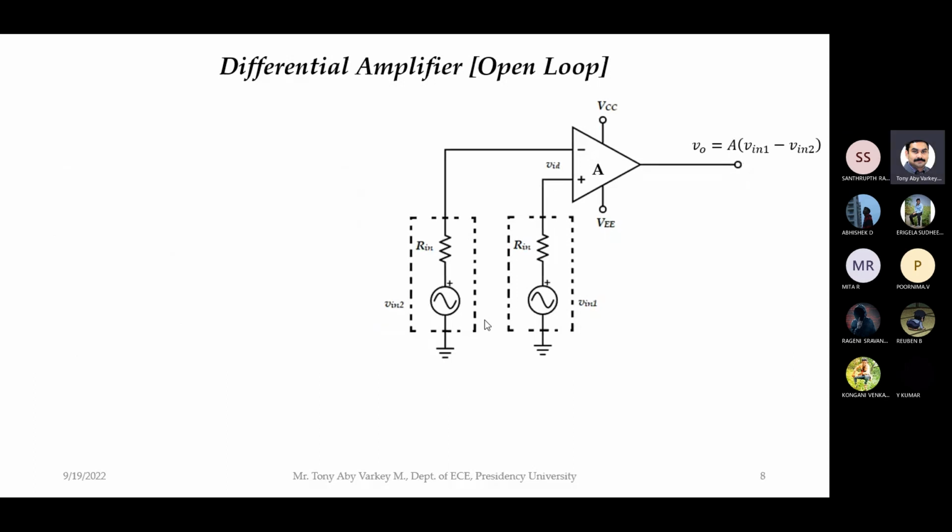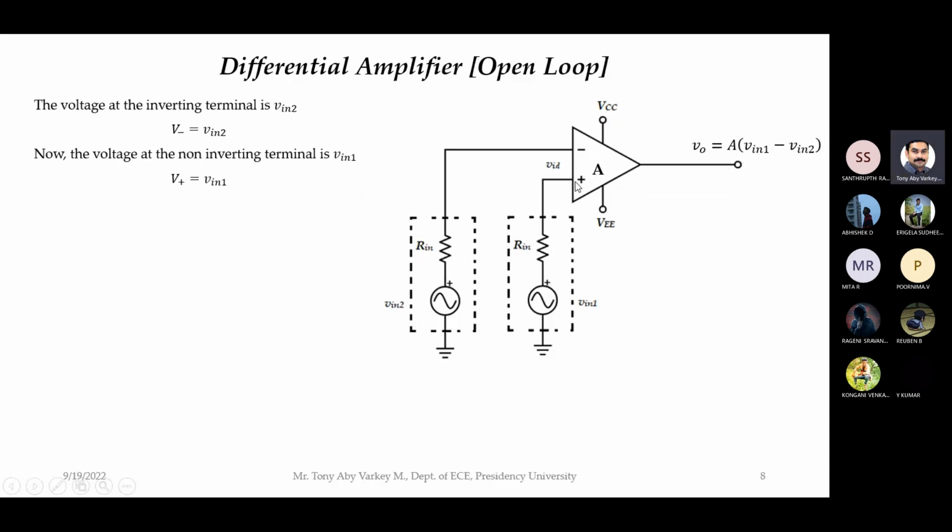I have given the explanation here. Voltage at the inverting terminal is V in 2, which means V minus is V in 2. Voltage at the non-inverting terminal is V in 1, so V plus is V in 1.